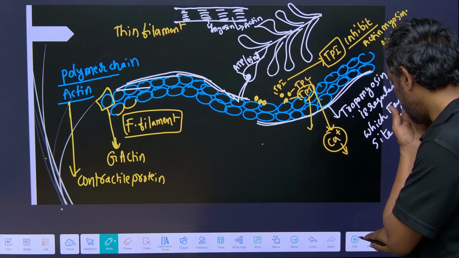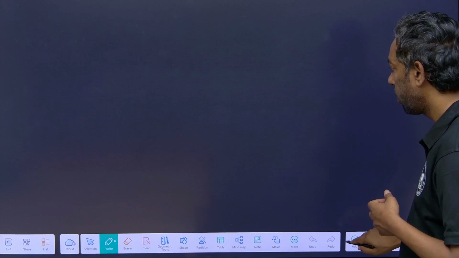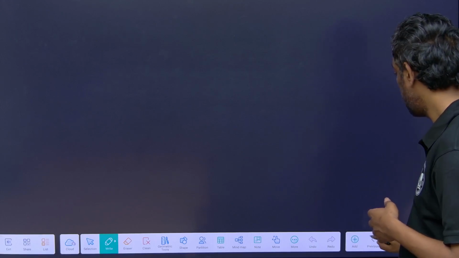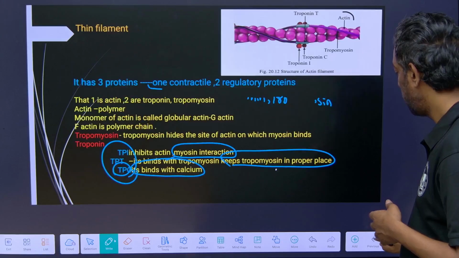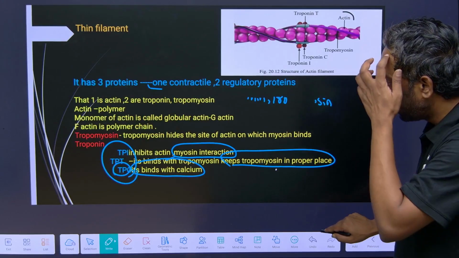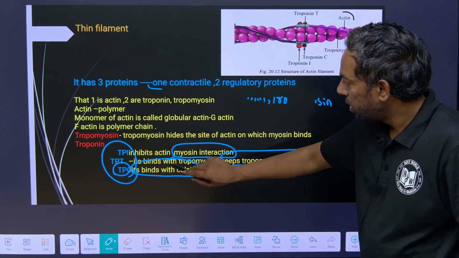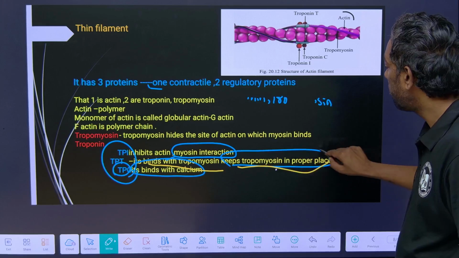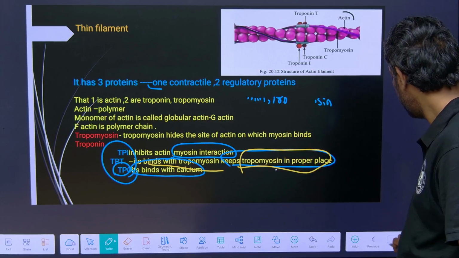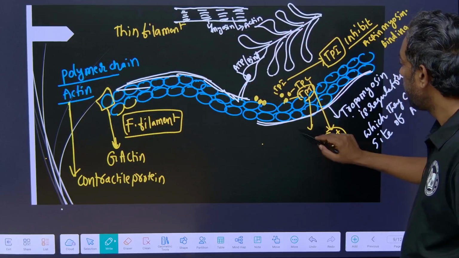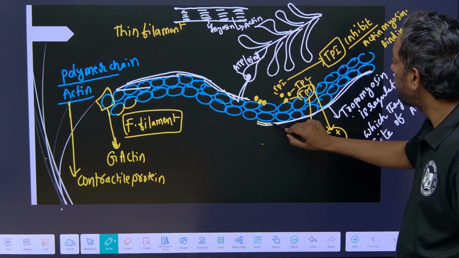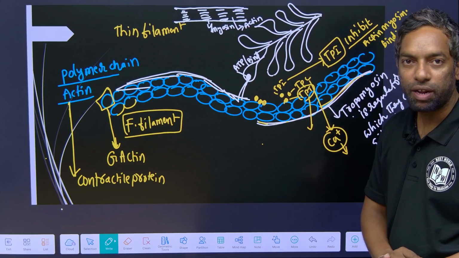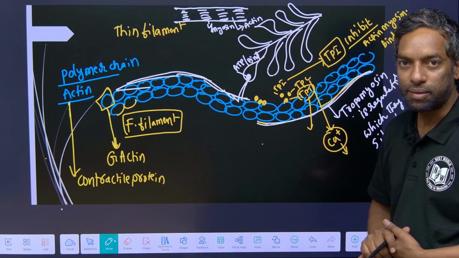TPT keeps the tropomyosin in its proper place on the surface of the actin filament.